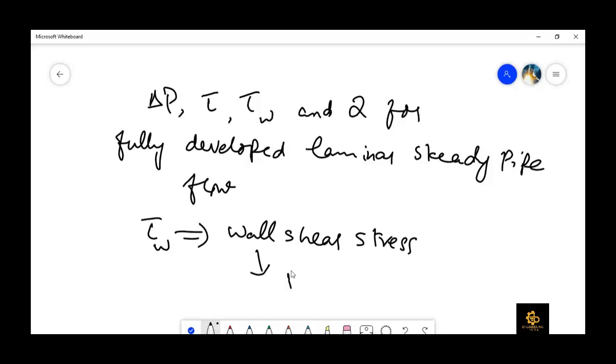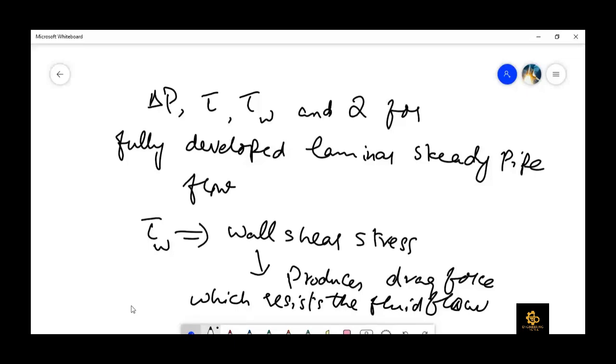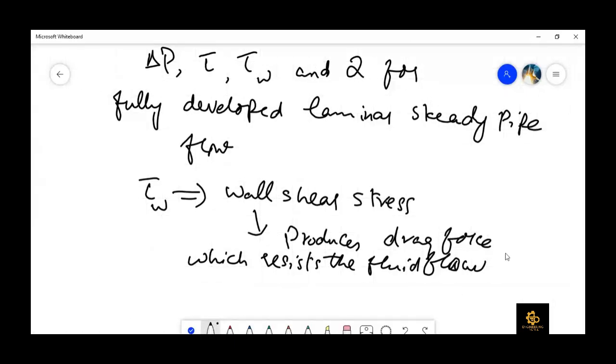It usually produces drag force which resists the fluid flow through the pipe. Now, okay, that is good that we know that tau_w is mu into du upon dr at r equal to R.